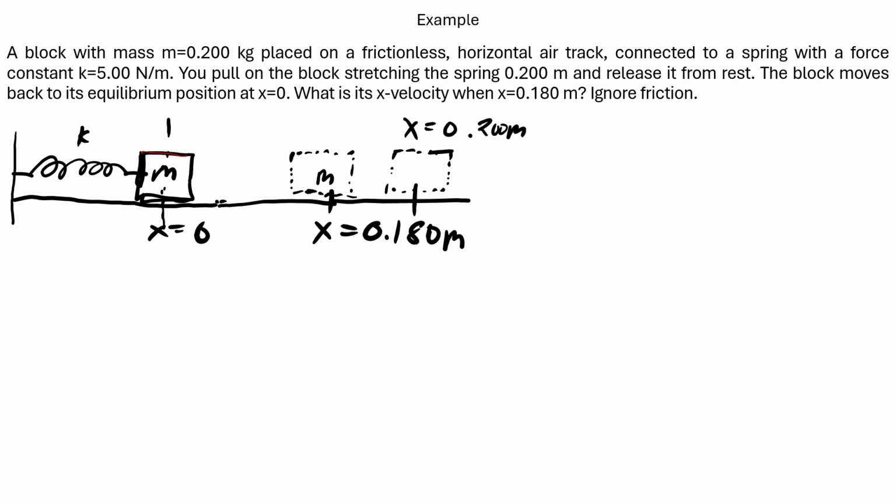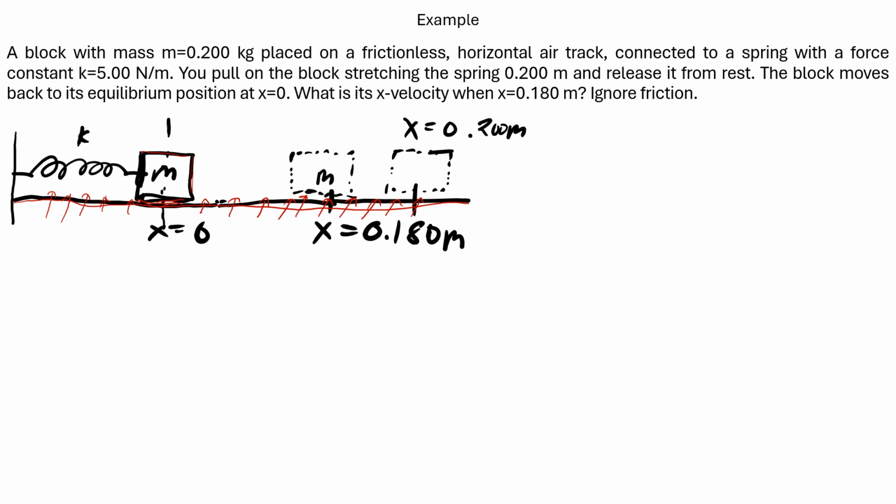Consider this surface as an air track wherein there is air blowing upwards, so that air track will minimize the effects of friction. We can consider the system frictionless because the block is levitating in the air.